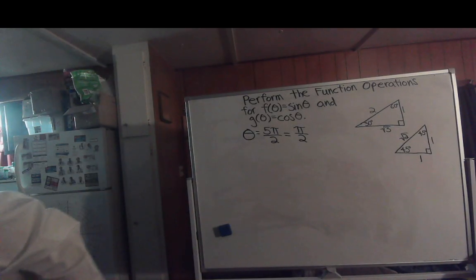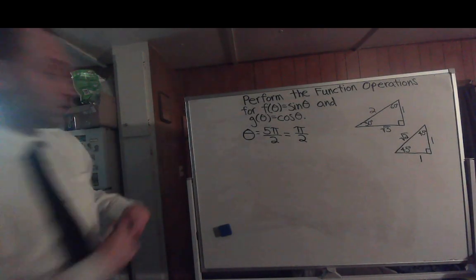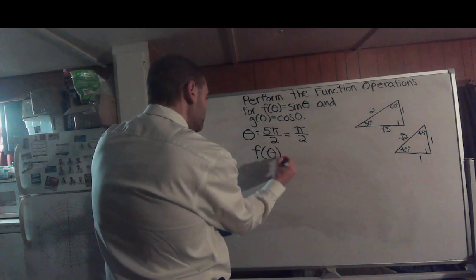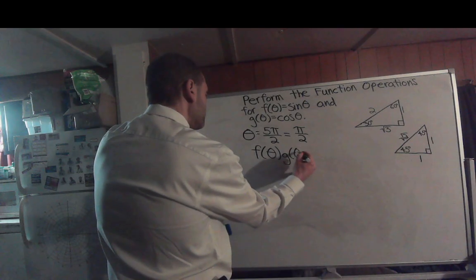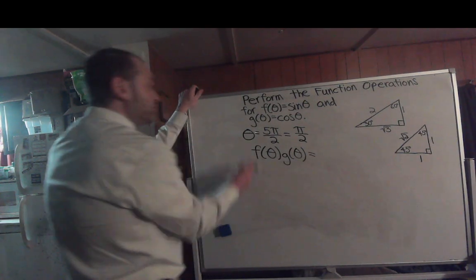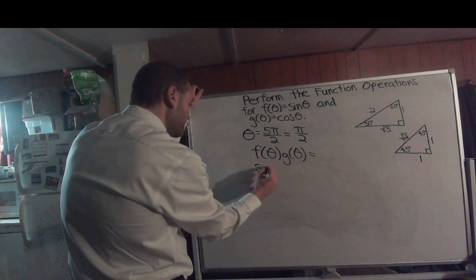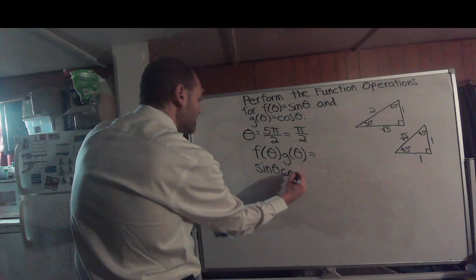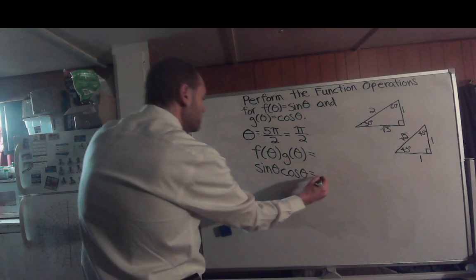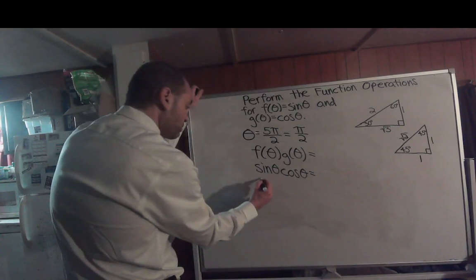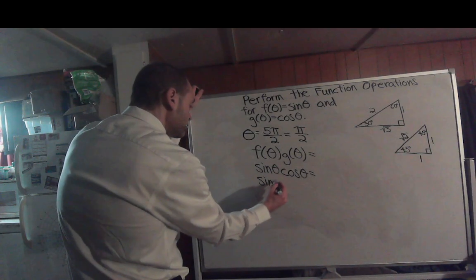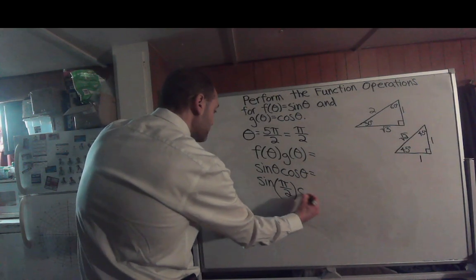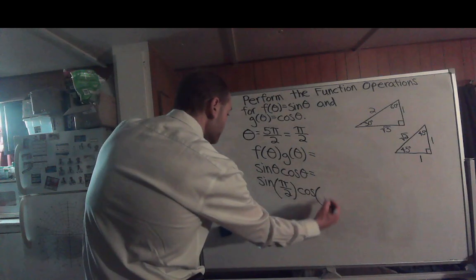Three more, then we're done. Alright, so let's take f of theta times g of theta. F of theta is the sine of theta, so we'll take the sine of theta times the cosine of theta. Alright, so in this case we're taking the sine of pi over 2 times the cosine of pi over 2.